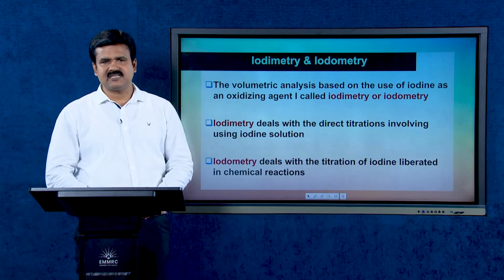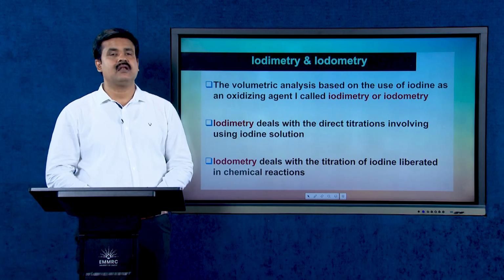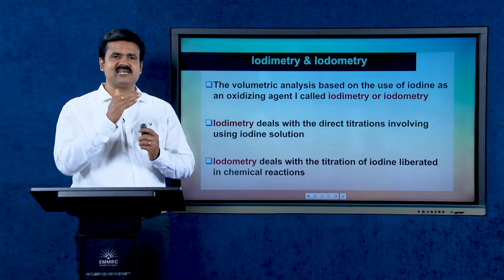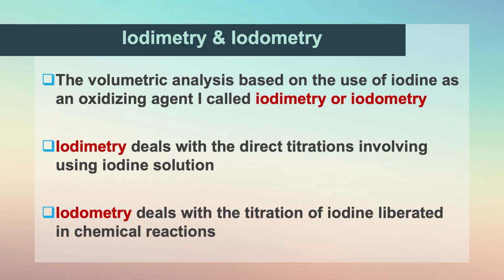Iodometry deals with the titration of iodine liberated in chemical reactions. Before starting the present experiment, you have to make a clear-cut distinction between iodimetry and iodometry. In order to remember, keep this in mind: iodimetry involves titrations using direct iodine solution, whereas iodometry deals with titrations with liberated iodine.